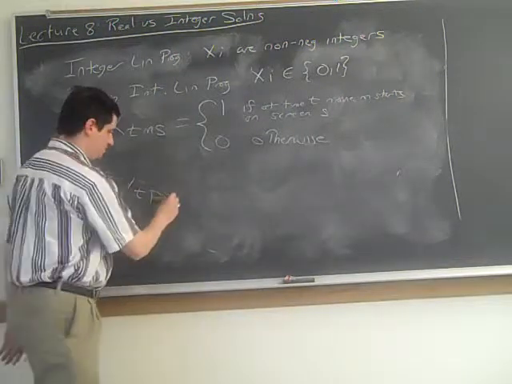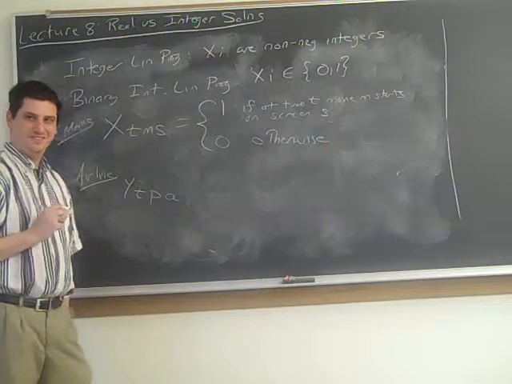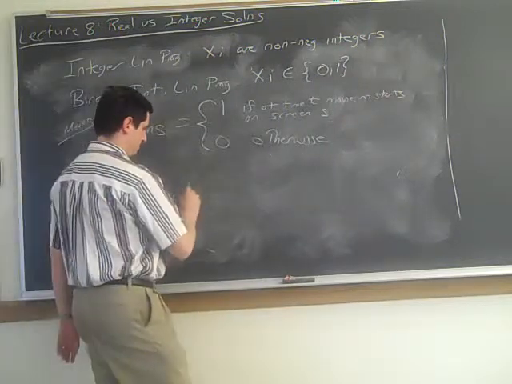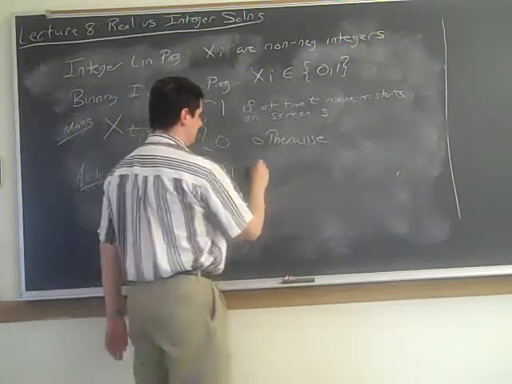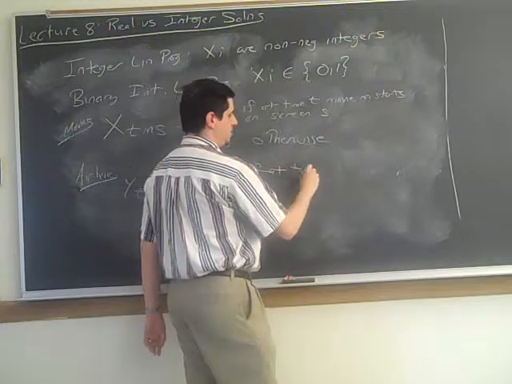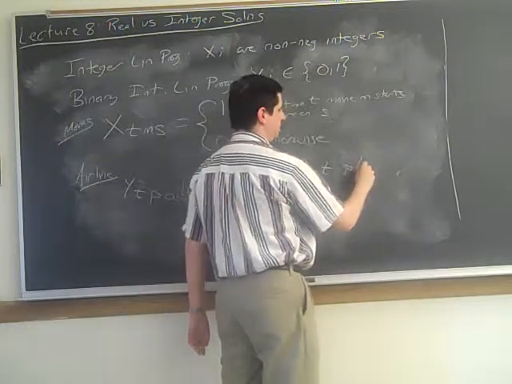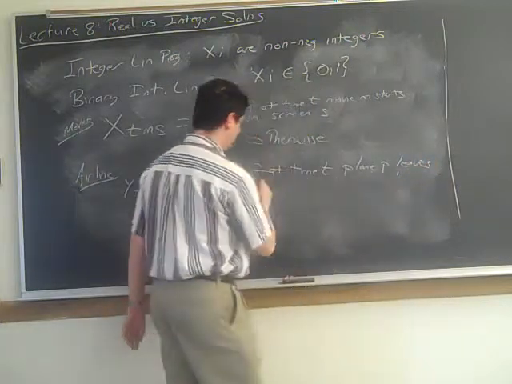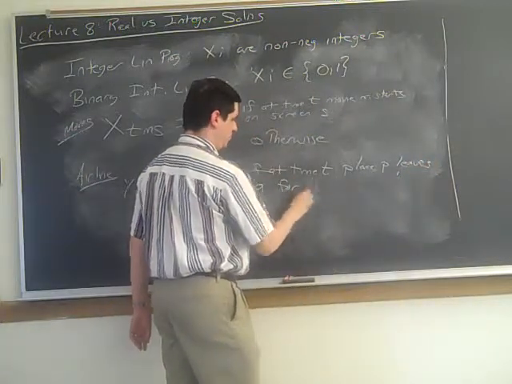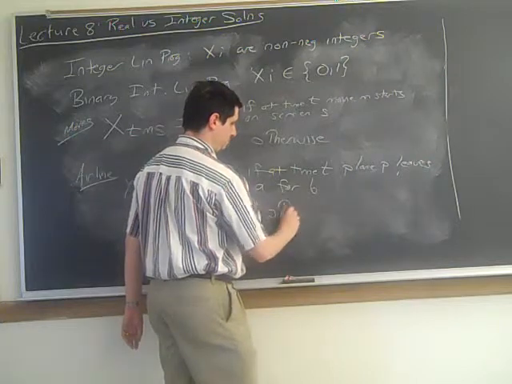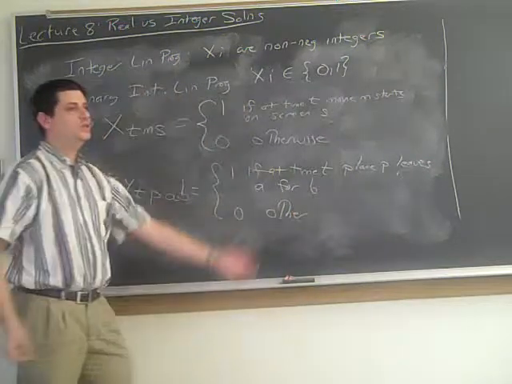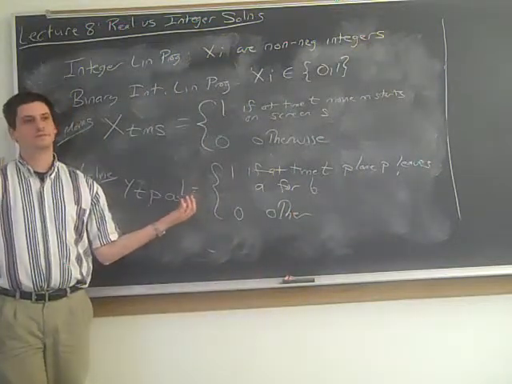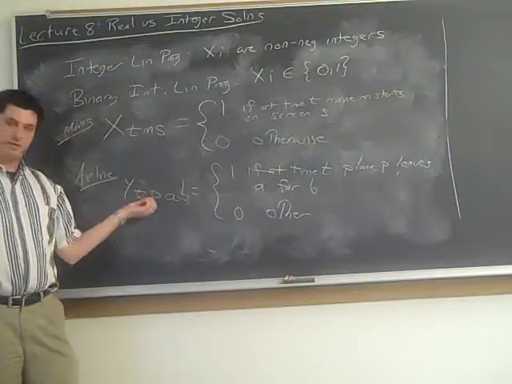Good, where they take off from city A to city B. So it's 1 if at time t, plane p leaves A for B, and 0 otherwise. And now we can do everything about airplanes, and this takes into account our plane.